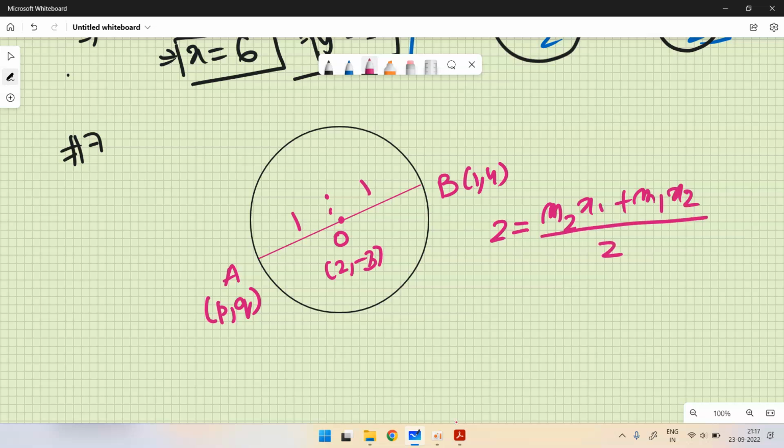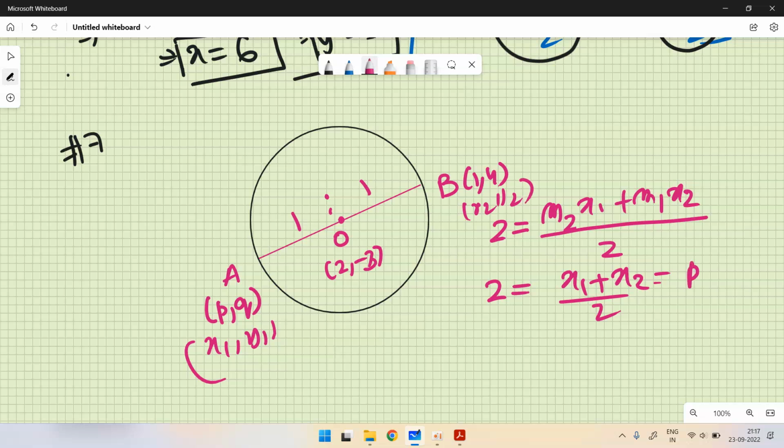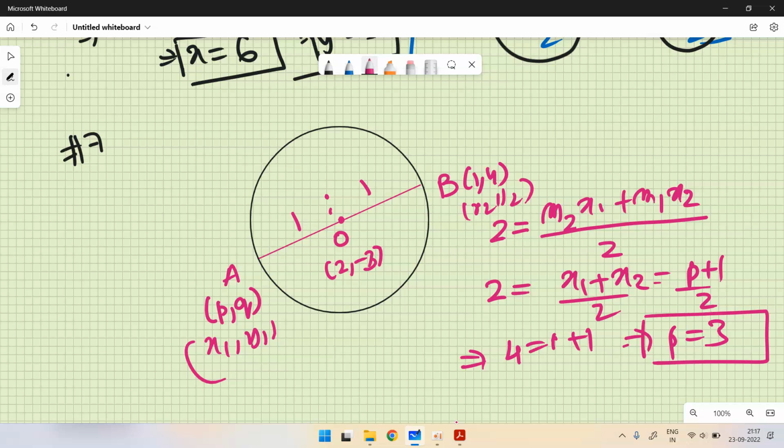Now m1 and m2 are equal to 1. So 2 equals (x1 + x2) / 2. Here x1 is p and x2 is 1, so 2 equals (p + 1) / 2. From here, 4 equals p + 1, so p equals 3. The value of p is 3.